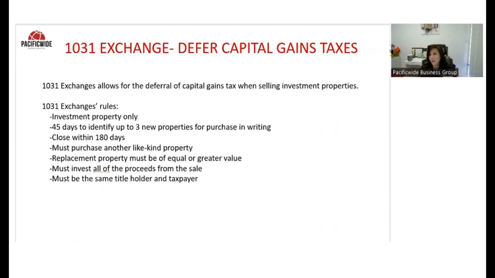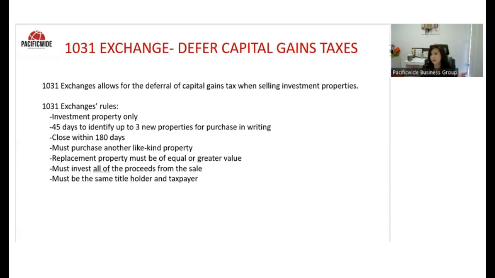How do we get to do this? For example, if you own a property for 5 years, whatever number it is, you've owned it for 5 years. You've been renting it out, and now you want to sell it because you see you make so much profit out of the property.